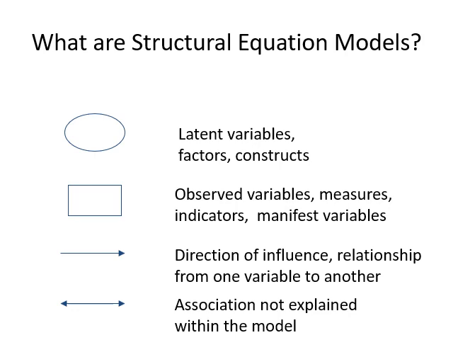Anytime we see squares, we're looking at single observed variables, measures, indicators, manifest variables. So if we have a variable that is its own construct but is only measured with a single variable, it's going to be represented by a square in that model. If we have a latent variable that has 5 individual or manifest variables that make up that latent variable, we're actually going to see that oval connected to 5 squares.